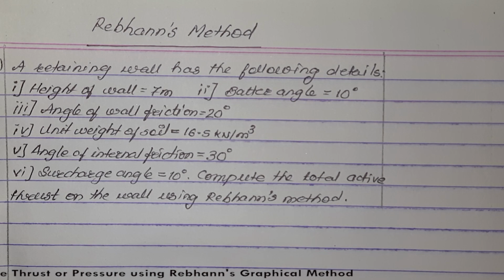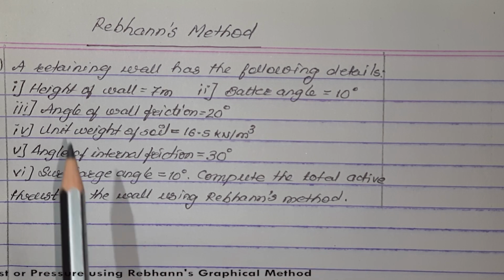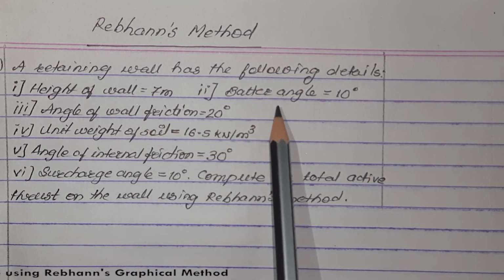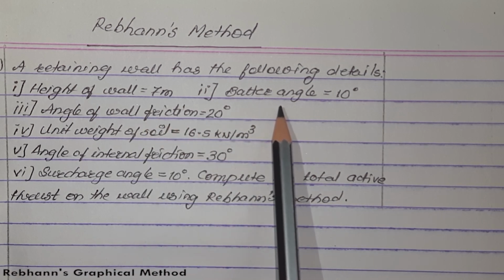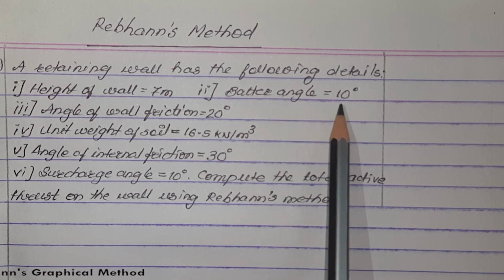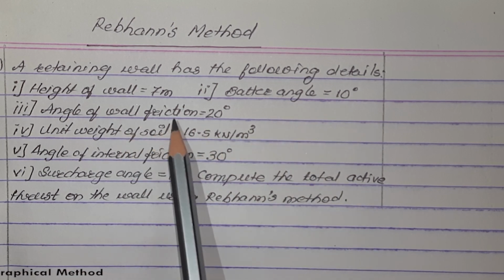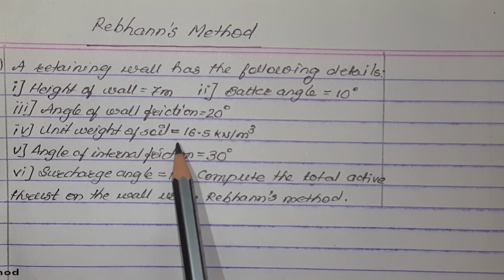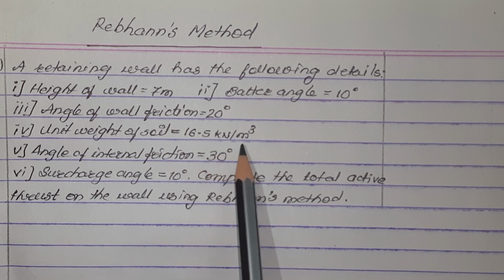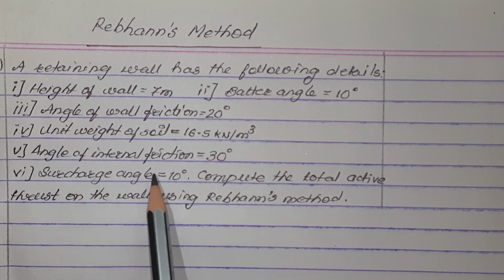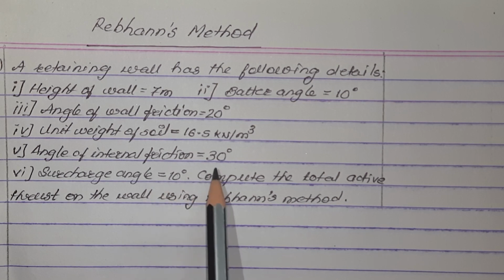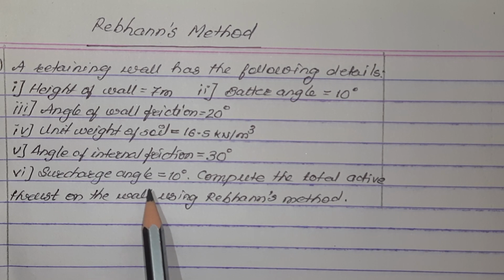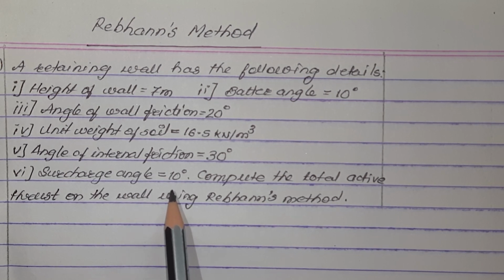Here what information is given? The first thing is height of the wall, capital H, 7 meter, batter angle, that is inclination of the retaining face with the vertical, theta 10 degrees, angle of wall friction, that is delta 20 degrees, unit weight of the soil, gamma 16.5 kilonewton per cubic meter, angle of internal friction, that is phi 30 degree, surcharge angle, that is inclination of the backfill with horizontal, it is 10 degree.